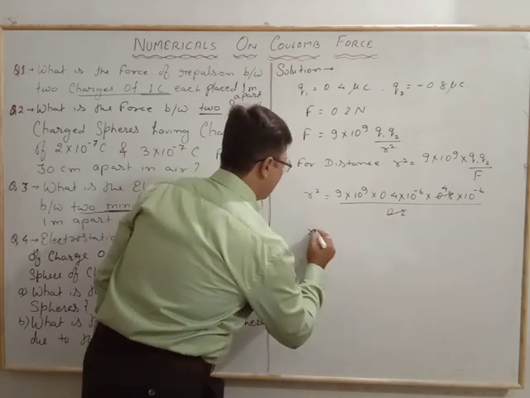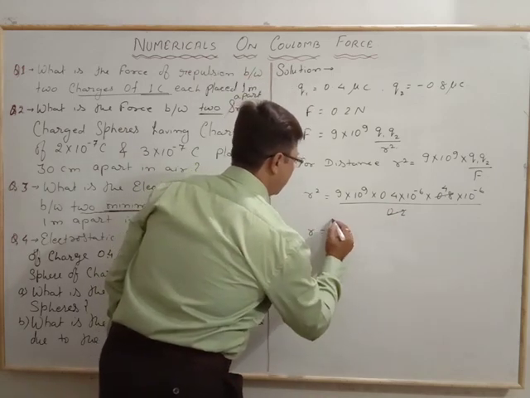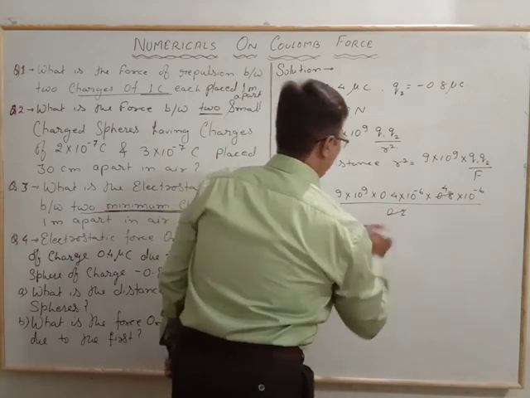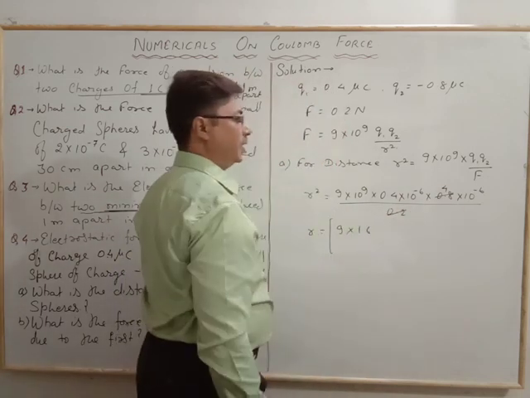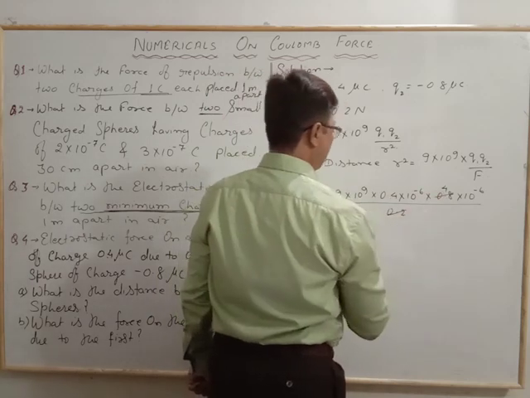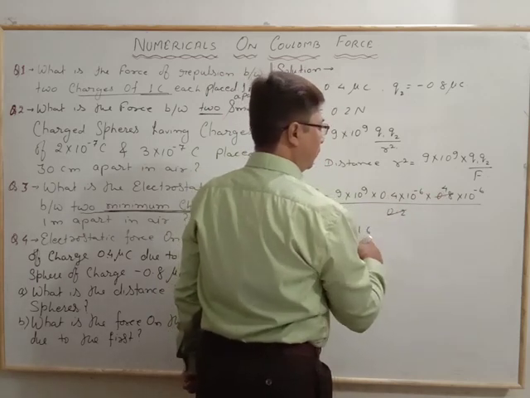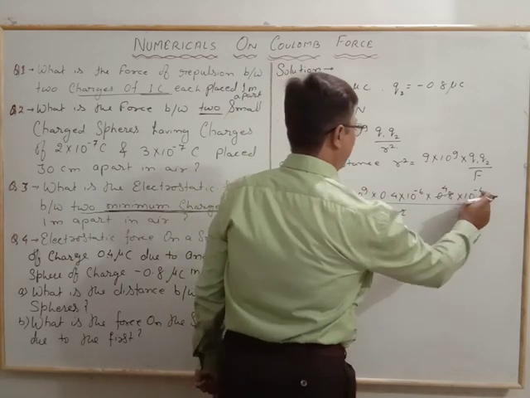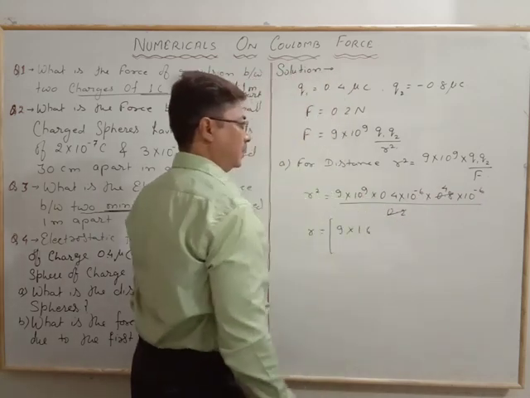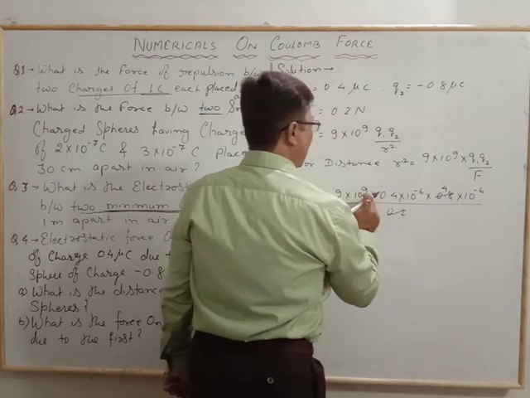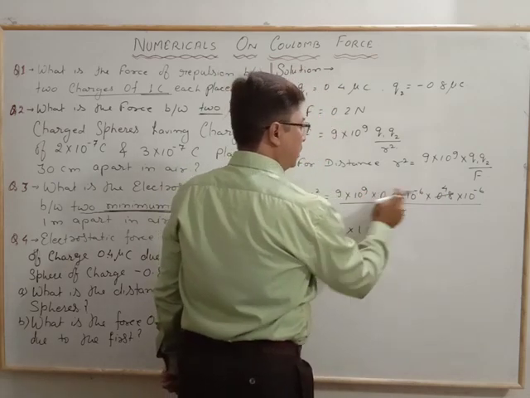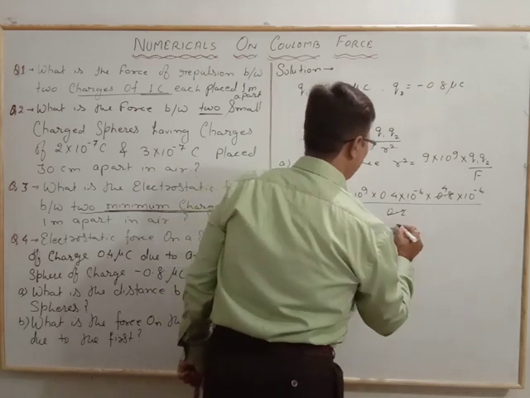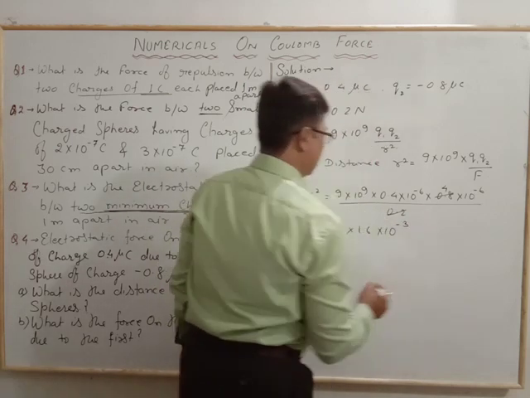So r squared is 9 × 1.6 × 10^9 × 10^-12, and with the 3 reduced, that becomes 10^-3, and the square root.